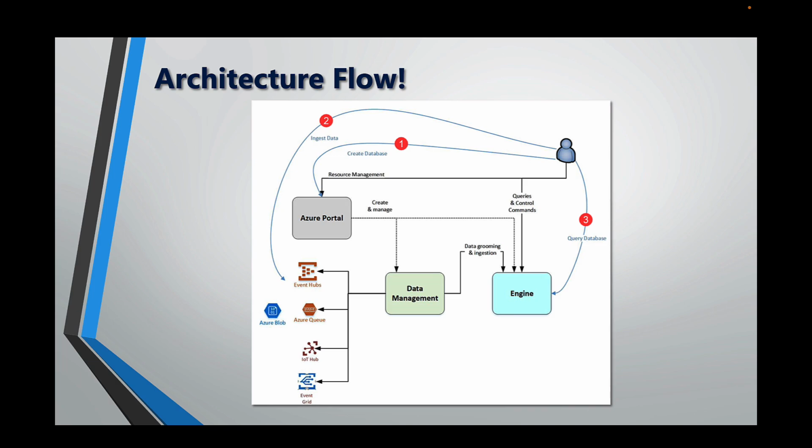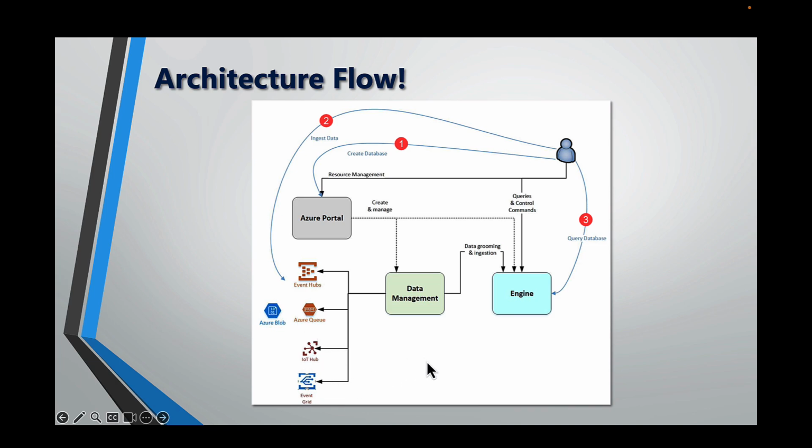Now, this is a typical architecture flow of the Azure Data Explorer service. If you see, there is a user around here. The user manages the resource management through the Azure portal. That's one. And then it could do the ingestion of the data through different things, whether it is Azure Blob or Event Hubs, Azure Queue, IoT Hubs, or Event Grids.